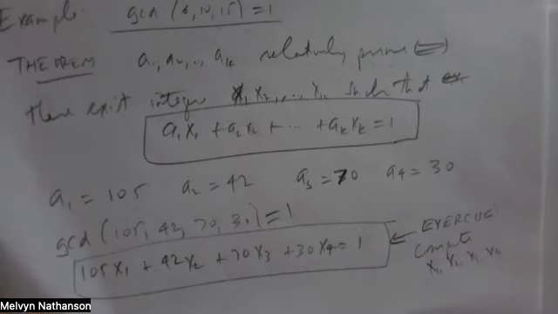That is, solve this equation. Of course, this is just what we've been looking at. It's one equation in 4 variables. It's an inhomogeneous linear equation.